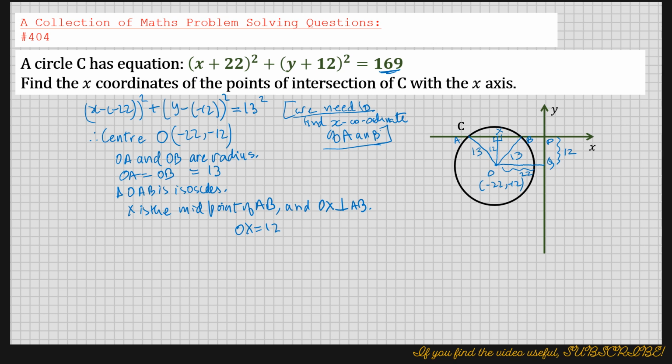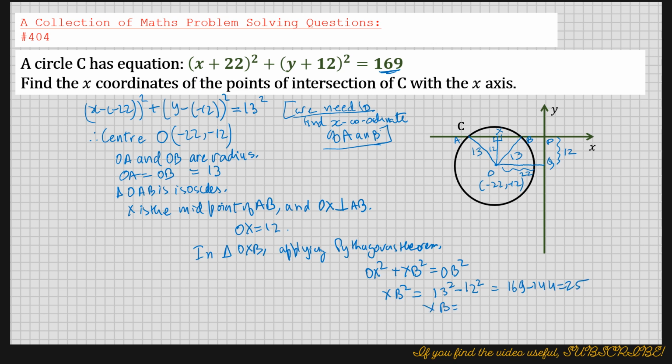We then see that in triangle OXB, applying the Pythagoras theorem, OX² + XB² = OB². So XB² is 13² minus 12², that is 169 minus 144, which is 25.